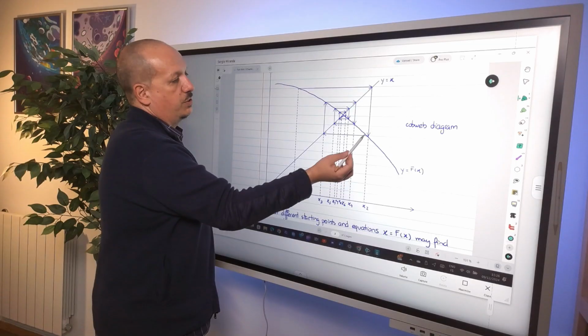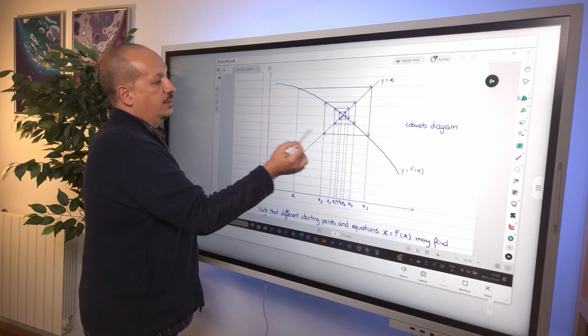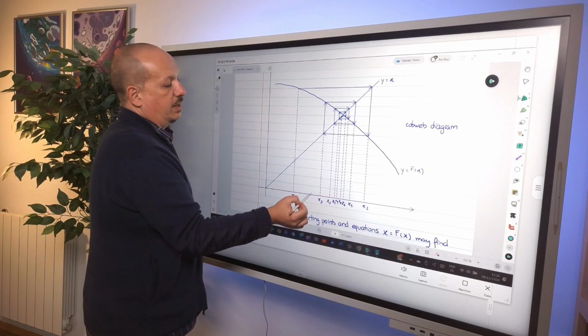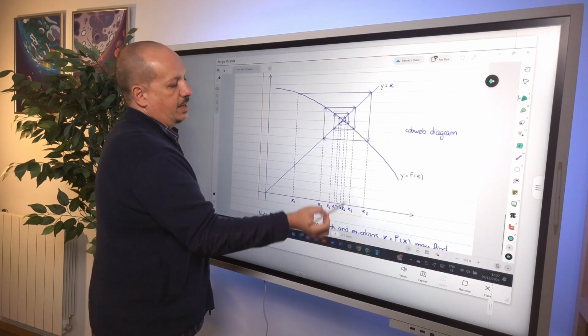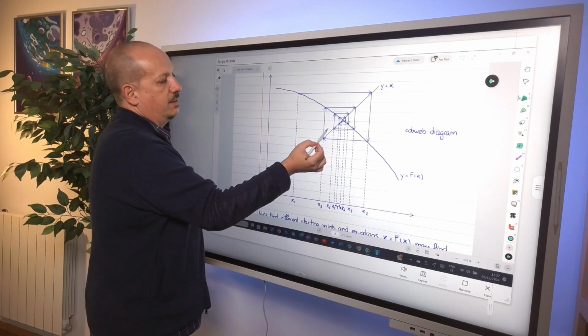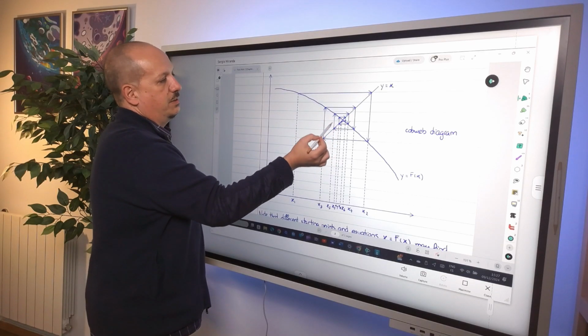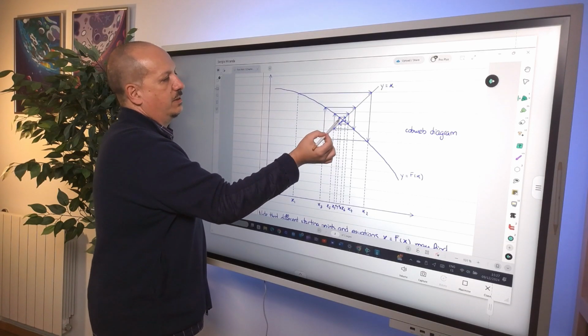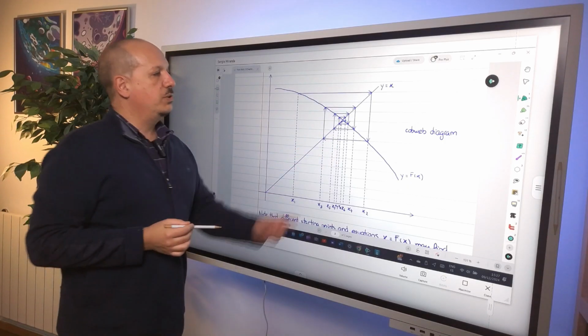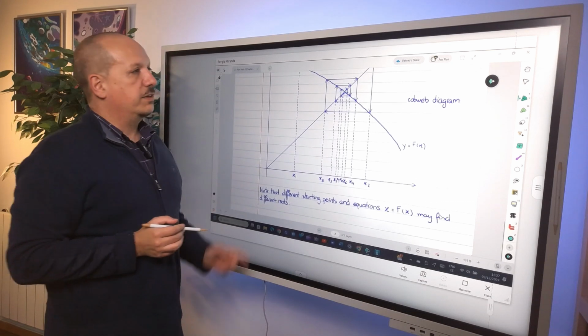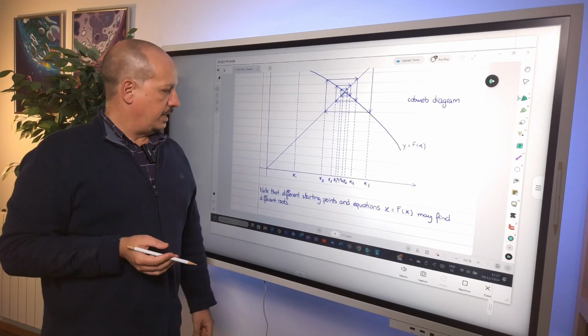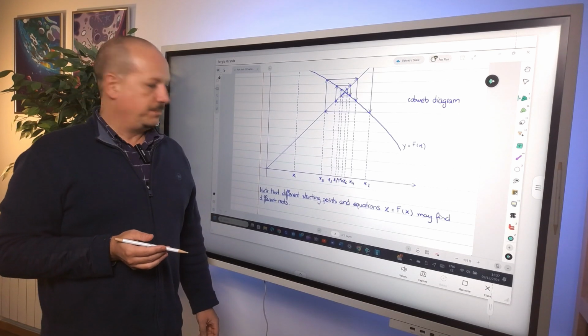So f of x2, you have this, try it over here, f of x3 is going to be this, equal it to x, f of x4 is this, equal it to x, and you continue, and you are narrowing down the search until you get to whatever level of precision that either the question or yourself has predetermined.